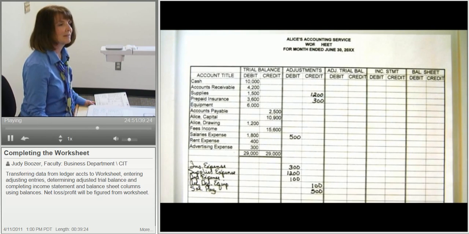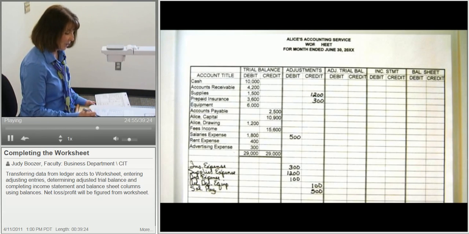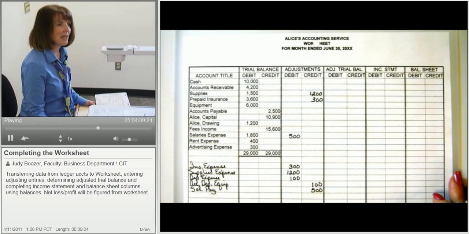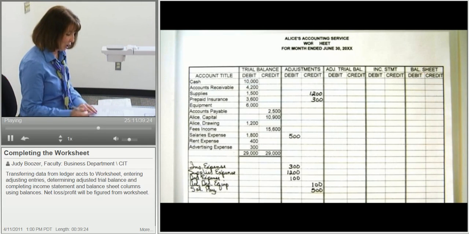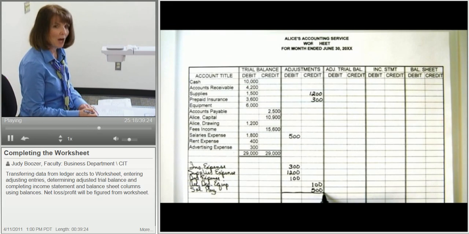So again, our debit equals our credit. Now, the next step in this worksheet process is to total up your columns again, since we're done with adjustments. So, to total, you always single rule and add up the two columns, the debit and the credit, and go ahead and add yours up.